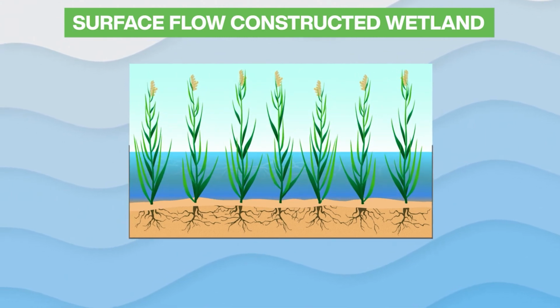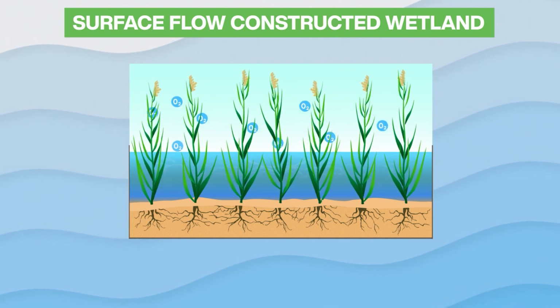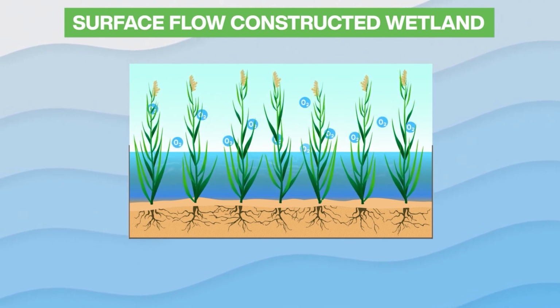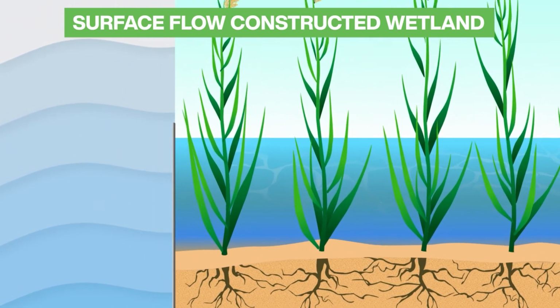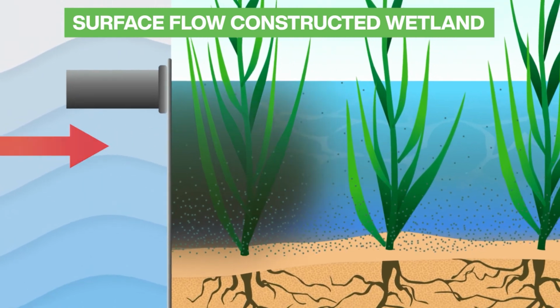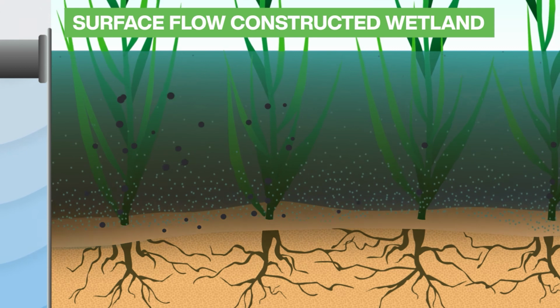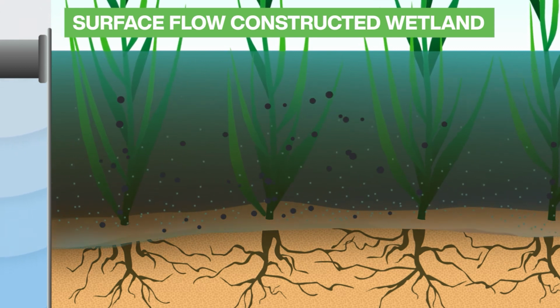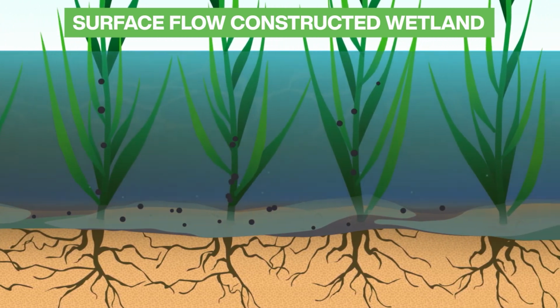The distinct features of surface flow constructed wetland include: the first, aeration via an open water surface. The second is the formation of silt through the sedimentation of the suspended materials at the bottom. And the third is the filtration, which is performed with plant stems rather than sand and gravel used in other types of constructed wetlands.